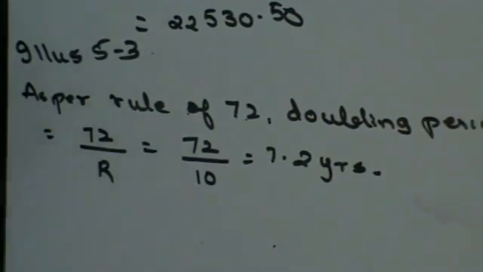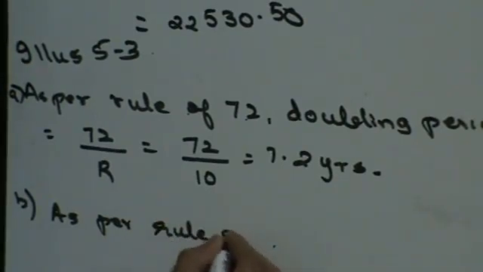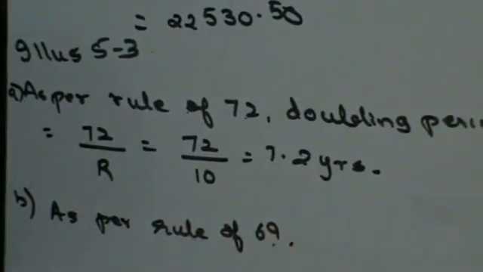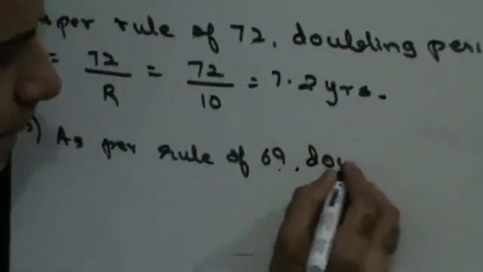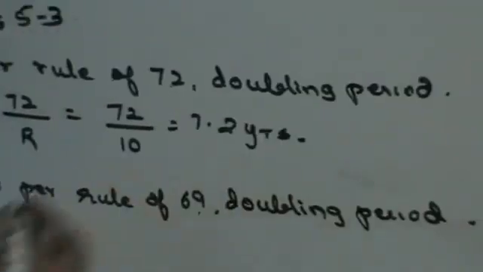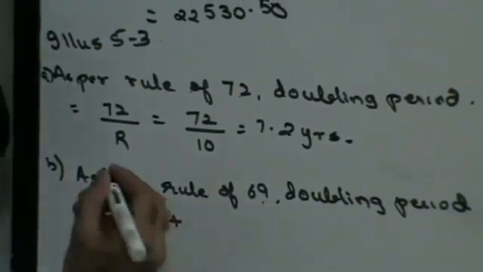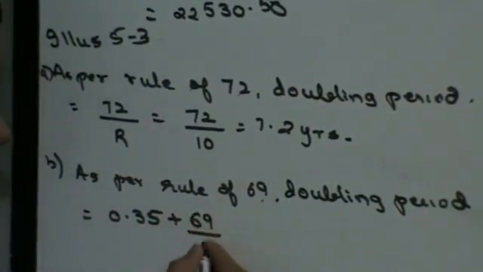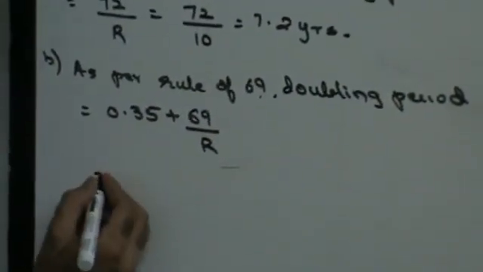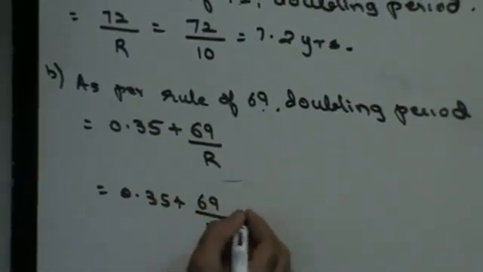Now, you have another rule which is called the rule of 69. As per the rule of 69, the doubling period is given by the formula 0.35 plus 69 upon R. So this is going to be 0.35 plus 69 upon 10.